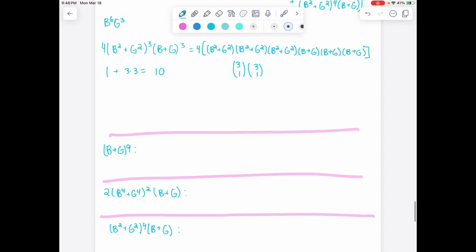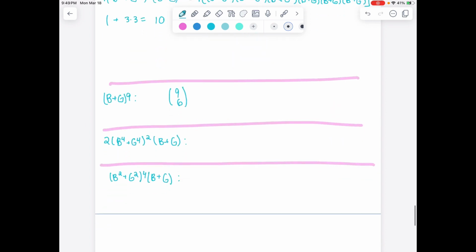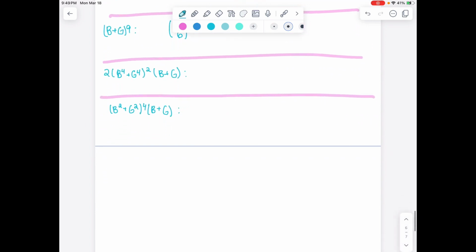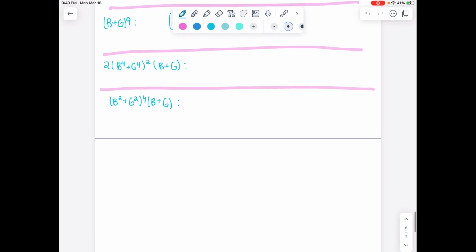For the next one, since they're all to the first power, we can just do 9 choose 6 to choose the 6 b's, and then the rest are just automatically green. So that one's just 9 choose 6, which is equal to 9 choose 3 if we decided to focus on the green. This one, we've already exceeded how many greens we're allowing. So this one's 0. We can't get b to the 6 times g cubed.